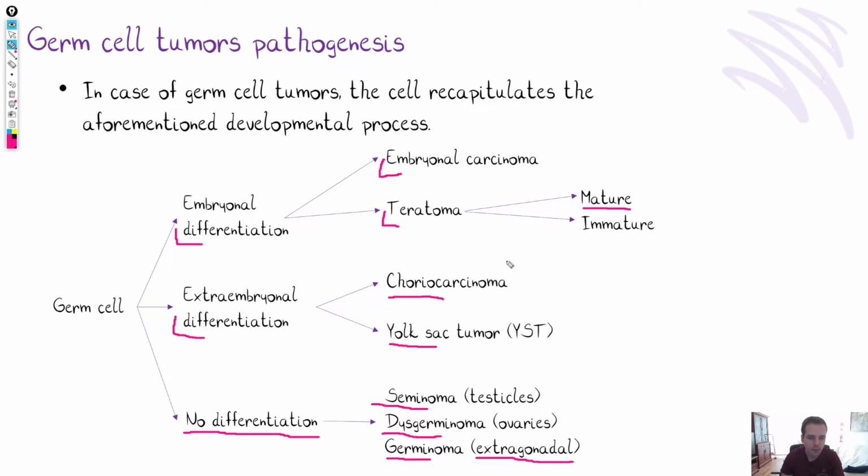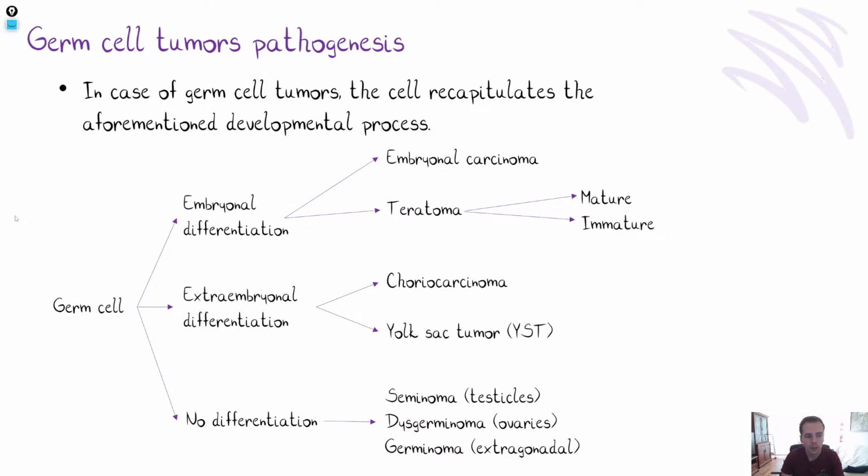And if some of the somatic tissues are immature, not fully differentiated, we call it immature teratoma. So this is the basic classification, which stems from the developmental process of germ cells. And if you understand this, I think you are safe, because from now on it will be about the individual tumors.